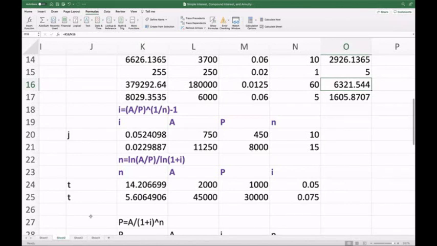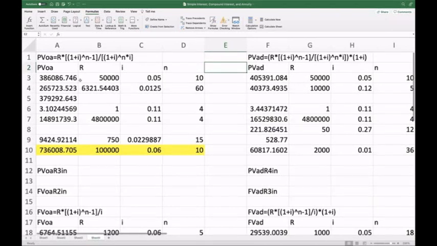So how will you compute that? That's where the present value of an ordinary annuity will come into the picture. So what is your periodic payment? I think I can discuss that now. This is the periodic payment, this is the I, this is the N. You notice this is your PVOA. Isn't it less than?